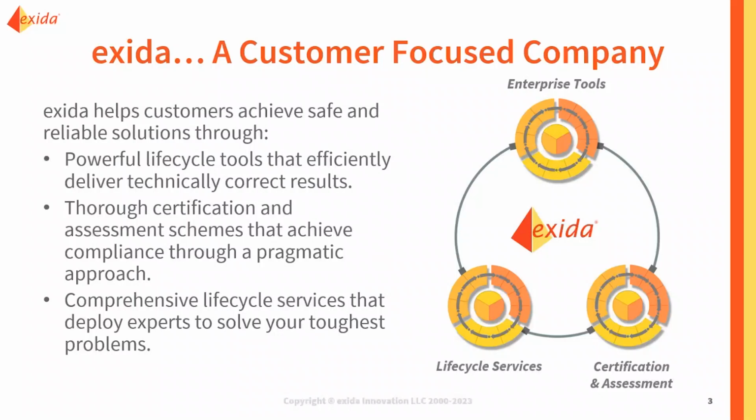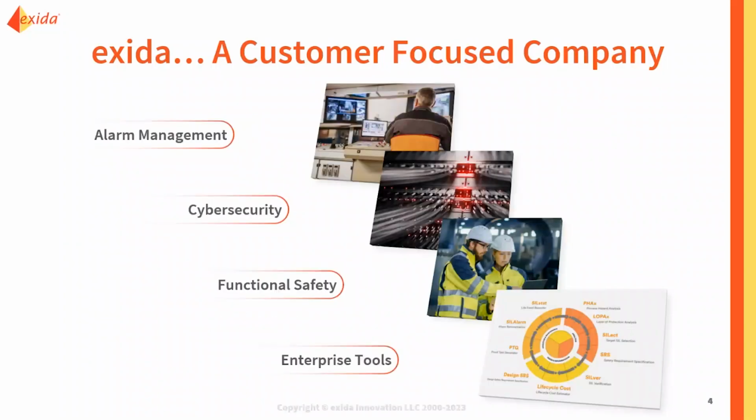And we have a certification team that does FMEDA analysis on devices used across multiple industries for safety instrumented systems. We also certify personnel with our CFSE and CACE programs. So hopefully with these 3 main groups, we can help you with your needs as they pertain to functional safety, alarm rationalization, and cybersecurity.